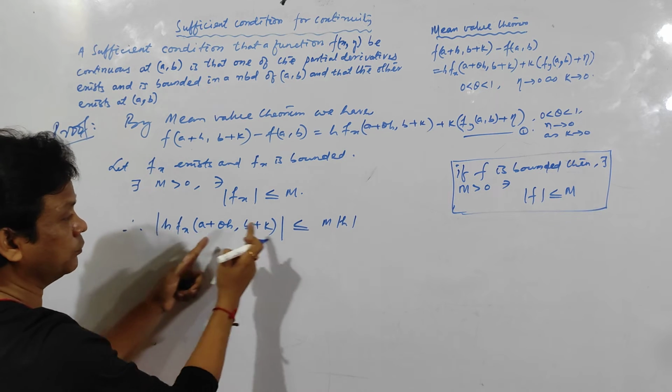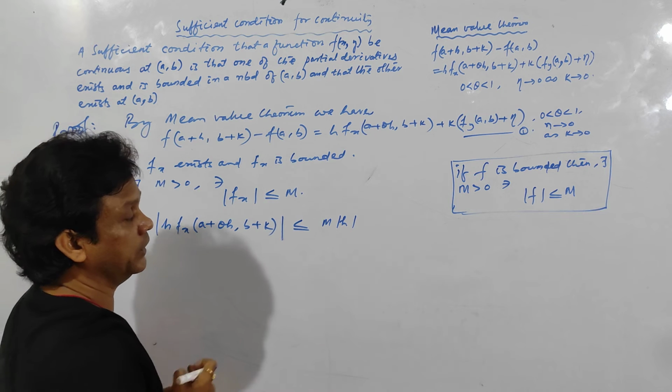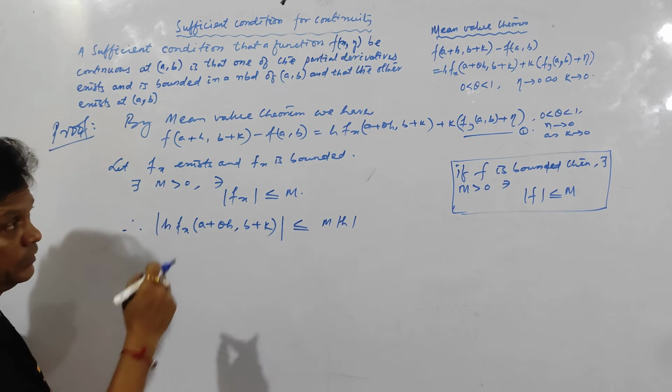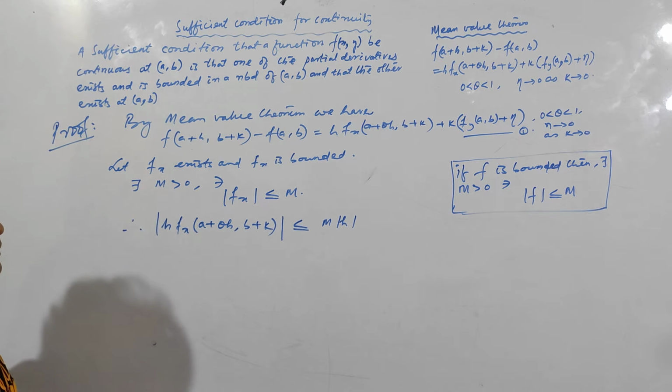I am multiplying mod h to both the sides, so you will get M into mod h. Clear?